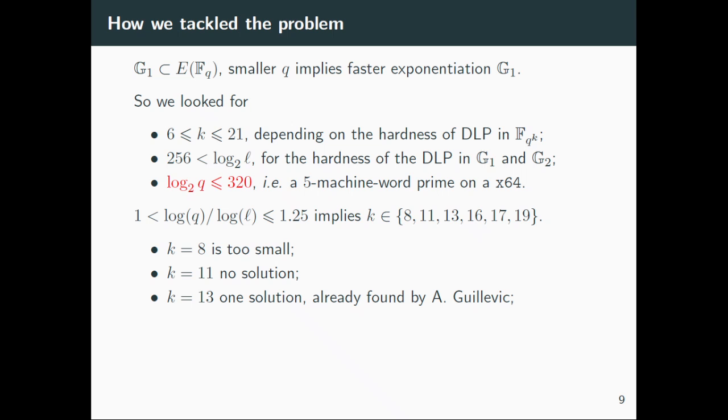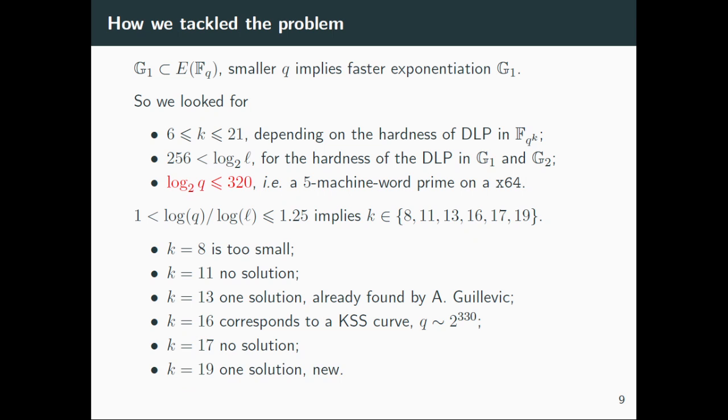That solution has already been found by Barreto and Ororgevic. Curves with embedding degree 16 correspond to KSS curves, and q is a 330-bit prime. Again, we found no solution for k equals 17. And finally, embedding degree 19 gave rise to one solution with the constraint we set on q.